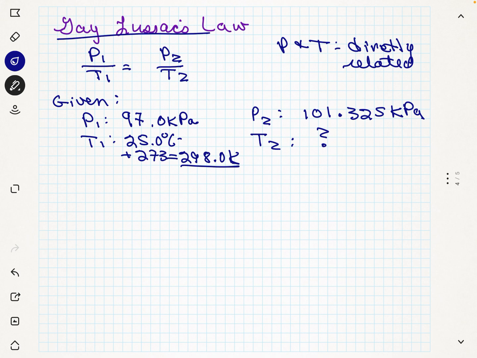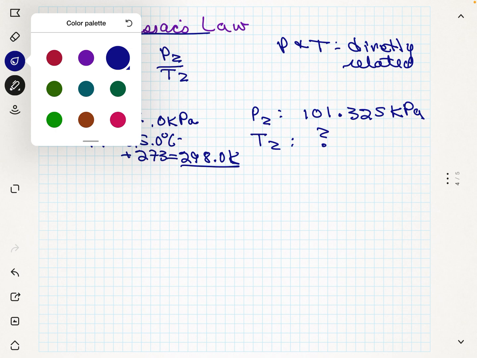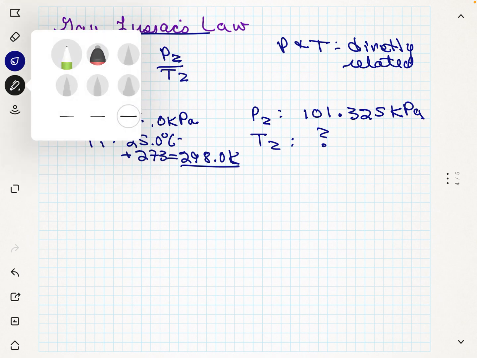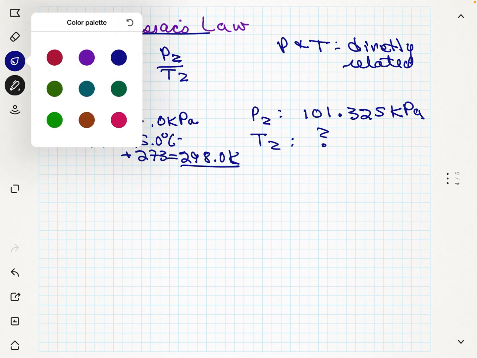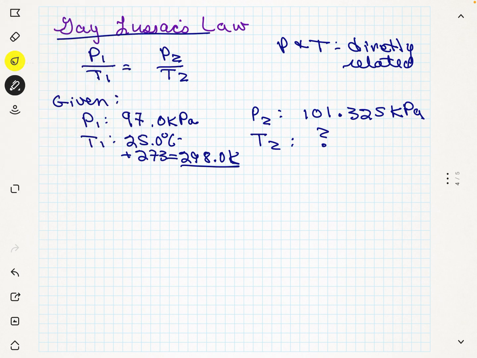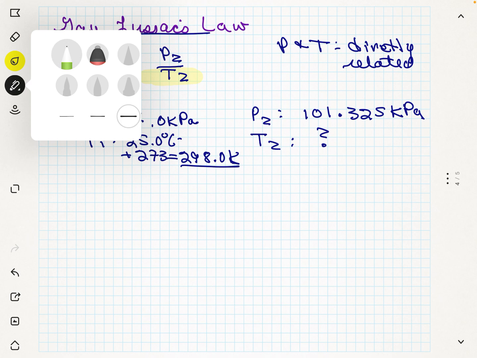So for this problem, we're going to be solving for something in the numerator, or the denominator. I'm going to highlight that quick. For this particular problem, we are looking for this value. We're solving for T2. So we have to be careful not to solve for something when it's in the denominator. We need to get it into the numerator.